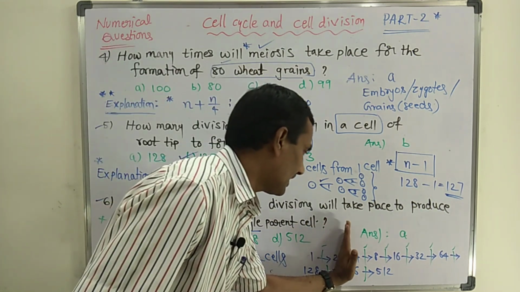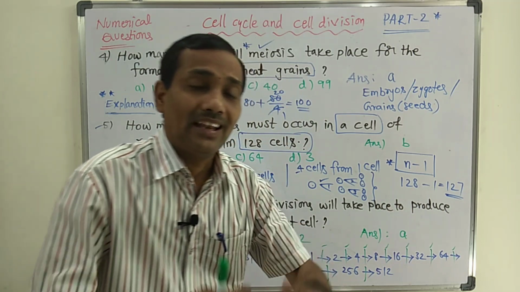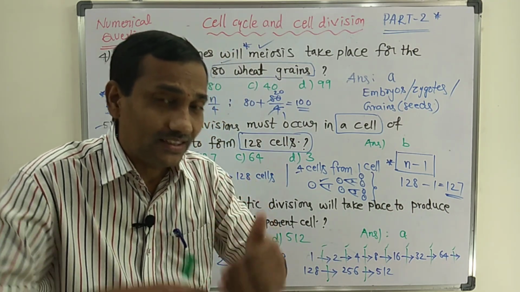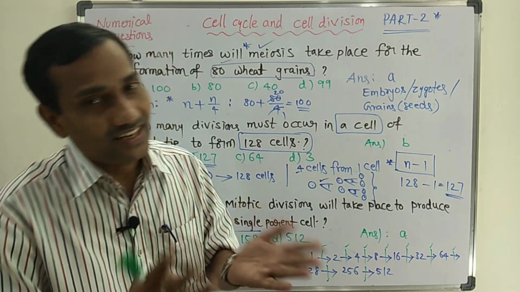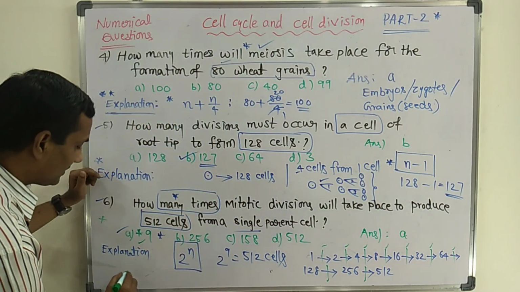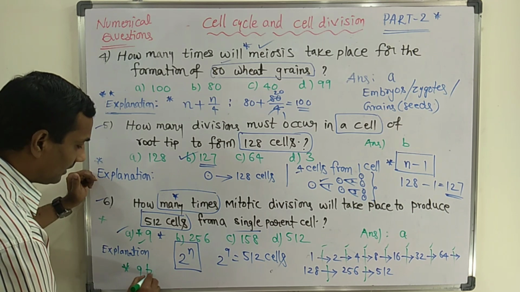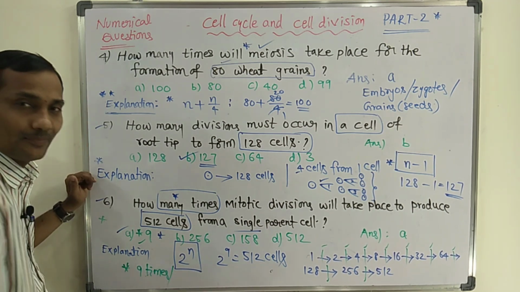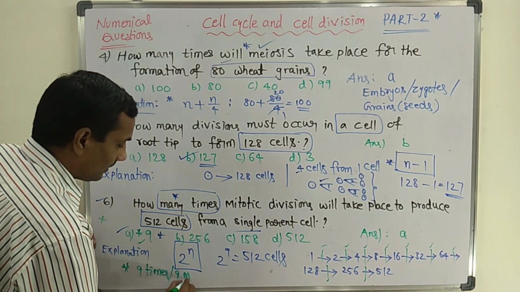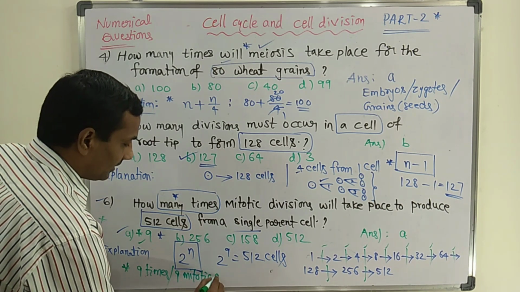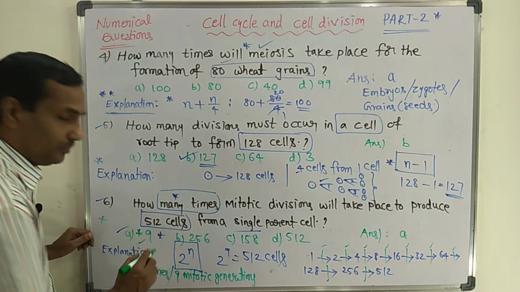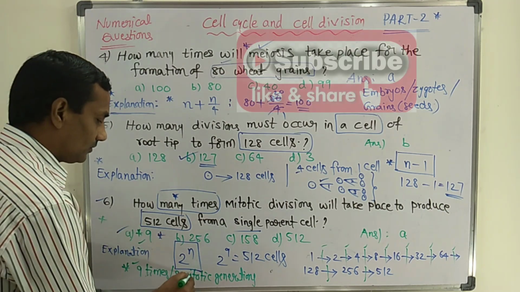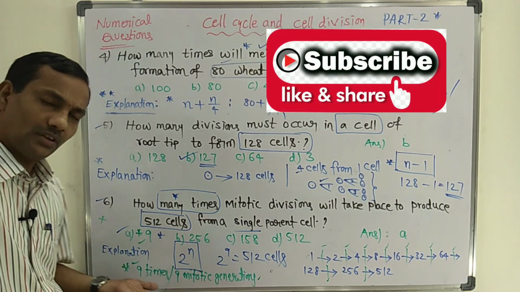Like this they are asking in the question. How many times? 9 times, or 9 generations, also the same answer. In the exam, if it says how many times, it means 9 times, so 9 mitotic generations only.